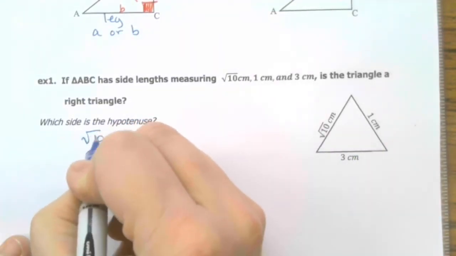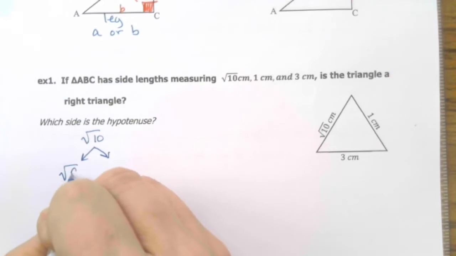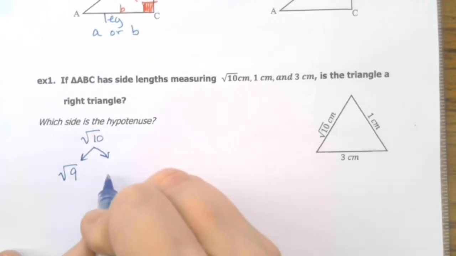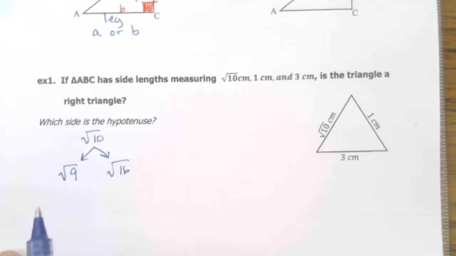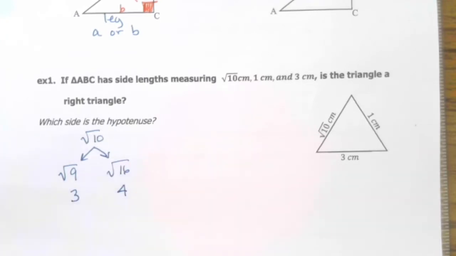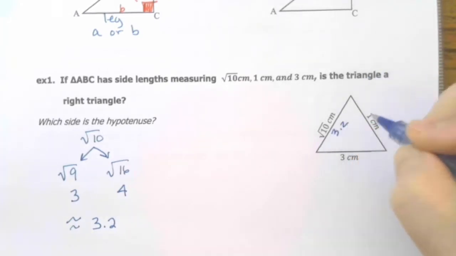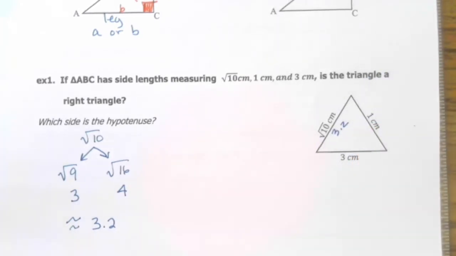So square root 10, if you remember, to estimate it, you want the perfect square lower than 10, which is 9, and the perfect square higher than 10, which is 16. Square root 9 is 3, square root 16 is 4, 10 is in between, and it's a little closer to 9. So radical 10 is about 3.2. So if this is 3.2, it is obviously the longest side. That would be our C value.